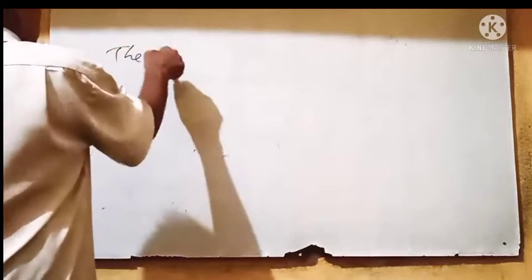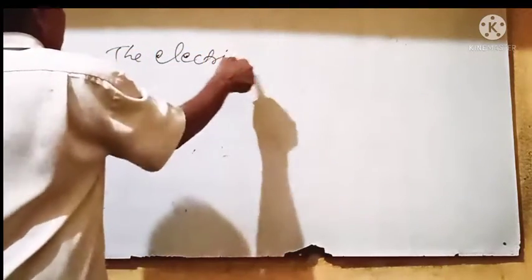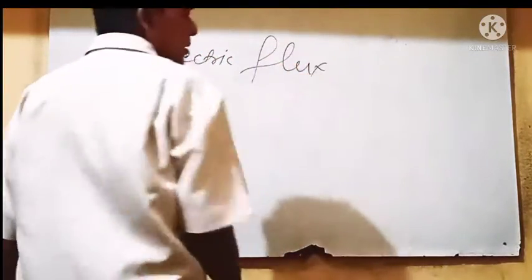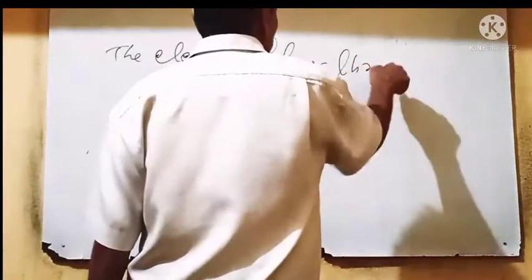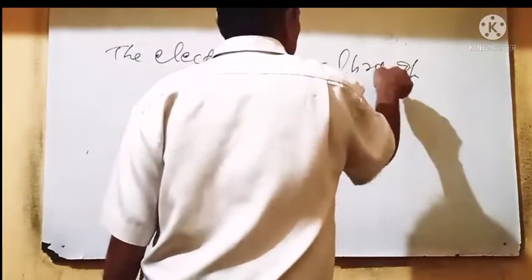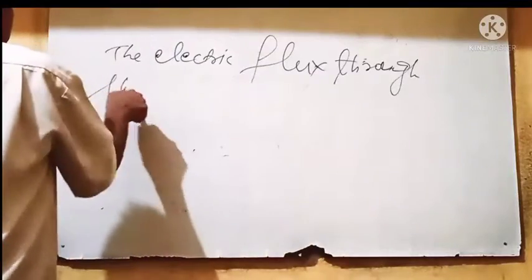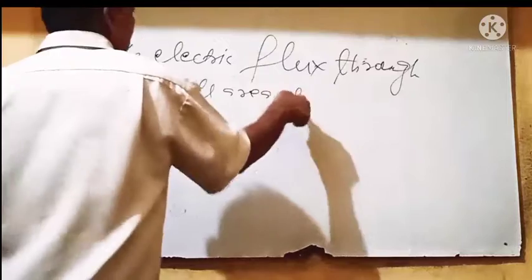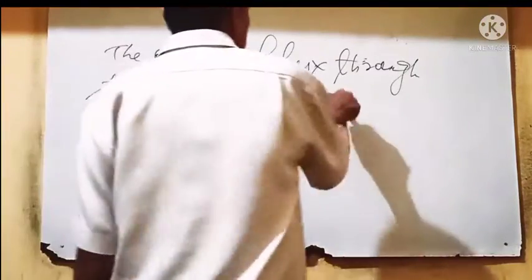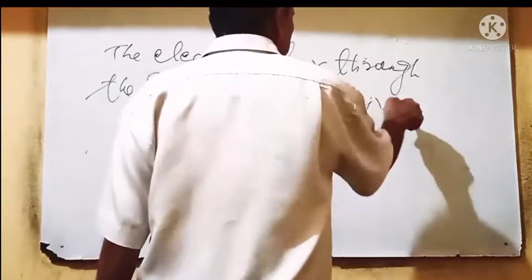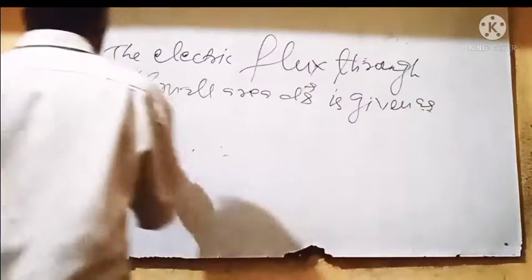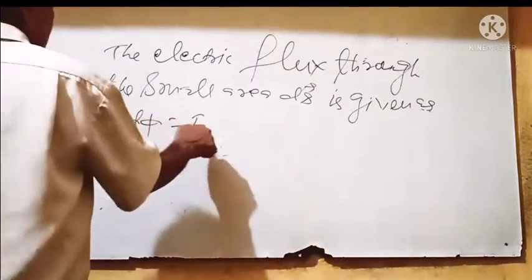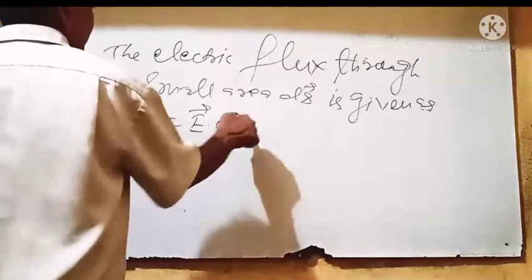The electric flux through the small area will be what? The electric flux through the small area ds is given as d phi is equal to E dot ds.